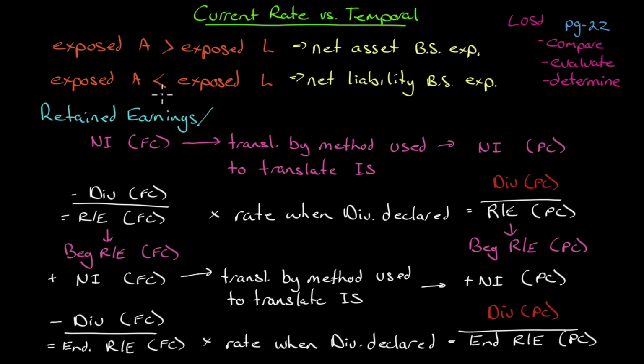If the exposed assets are less than the exposed liabilities, you end up with net liability balance sheet exposure. So, typically, companies that use the current rate will typically have net asset balance sheet exposure from all of their foreign subsidiaries. Those that use the temporal method will typically have net liability balance sheet exposure from all of their foreign subsidiaries.